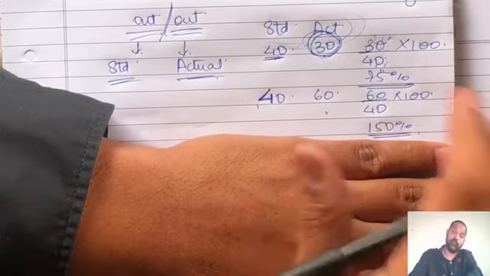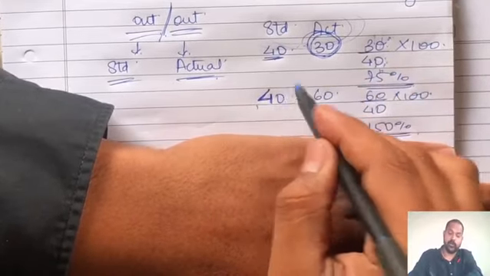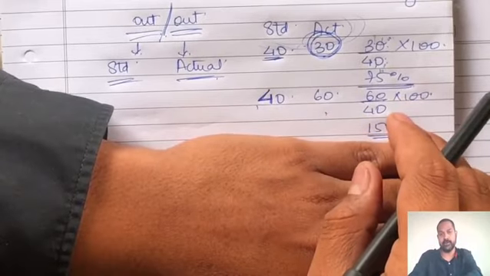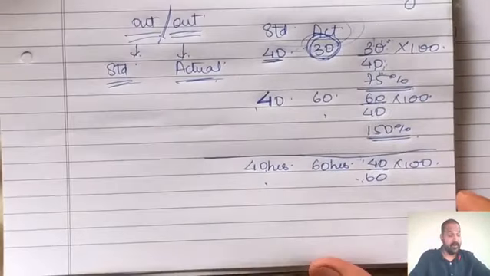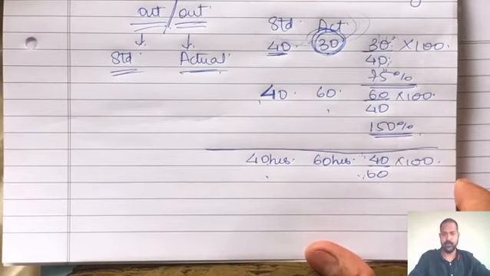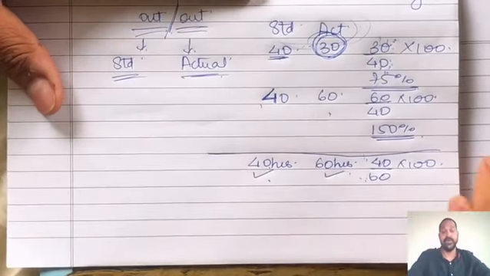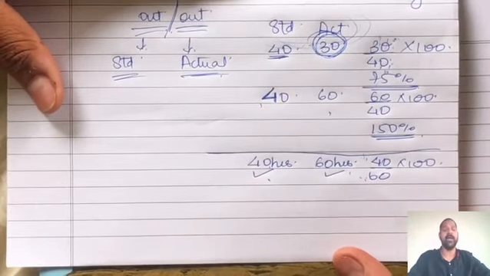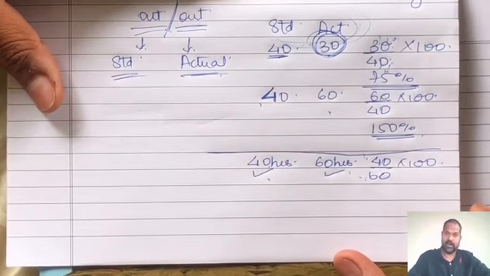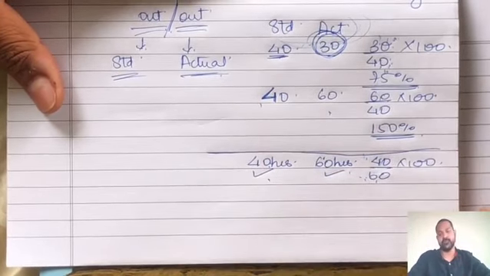If I am good, then I have to be more than 100, so actual goes on top and standard comes to the denominator. If I am talking about hours, my standard hours is 40, but I am actually taking 60. Am I good or am I bad? I am bad, and if I am bad, it is less than 100. For less than 100, smaller needs to be up, greater needs to be down.